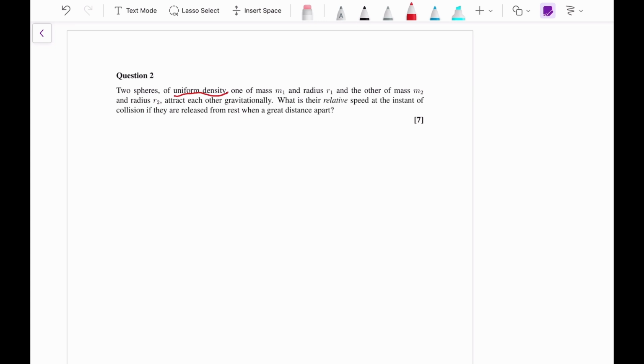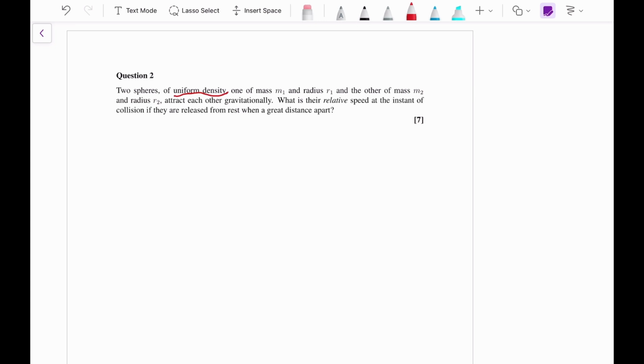And in this case, we can actually establish the conservation of momentum. This is because this is actually a closed system, even though there is a force of gravity that attracts the two spheres together. However, we know from Newton's third law, each action has an equal and opposite reaction.